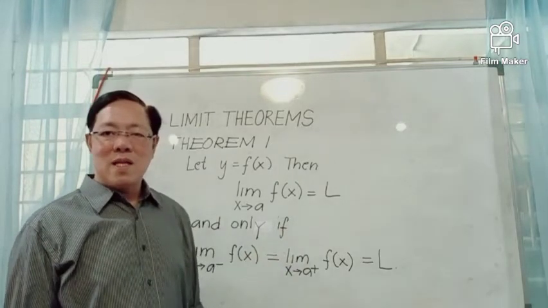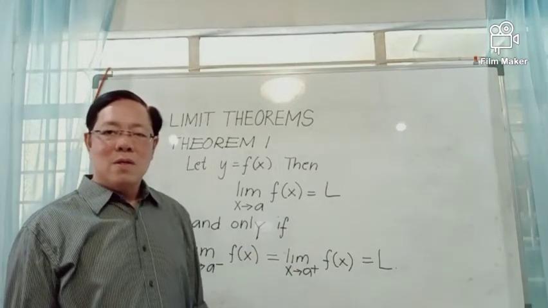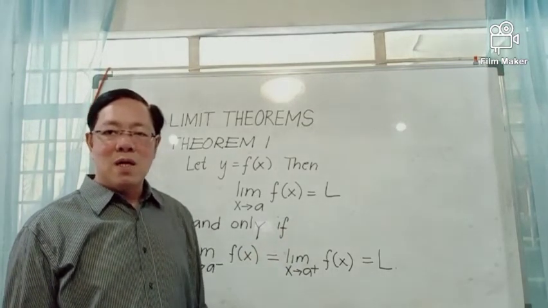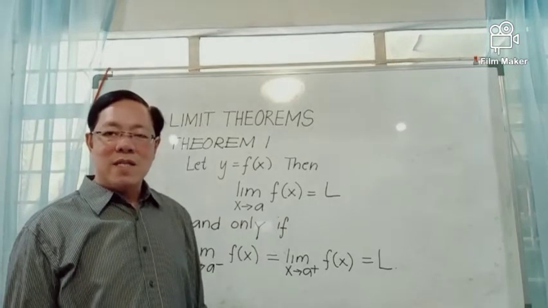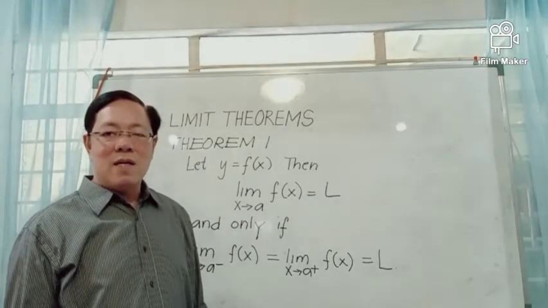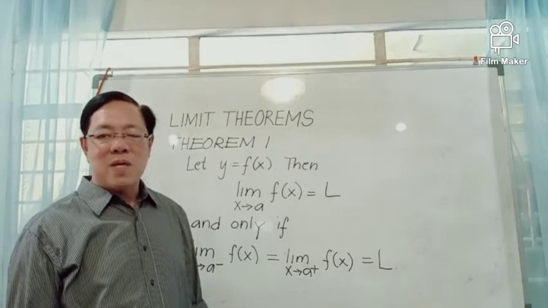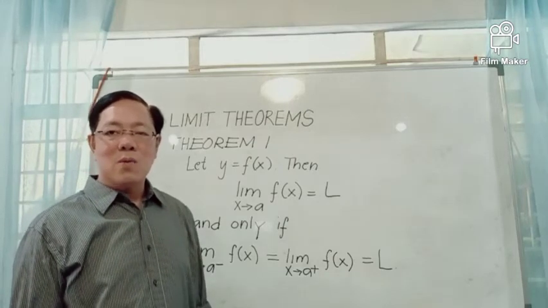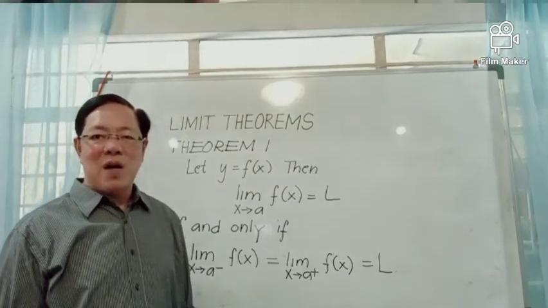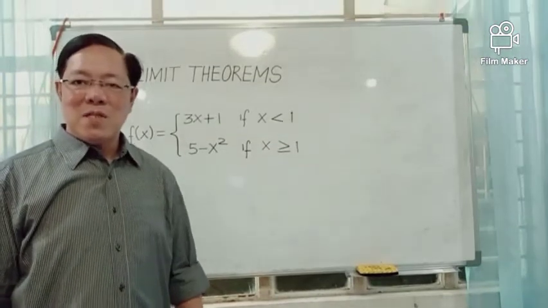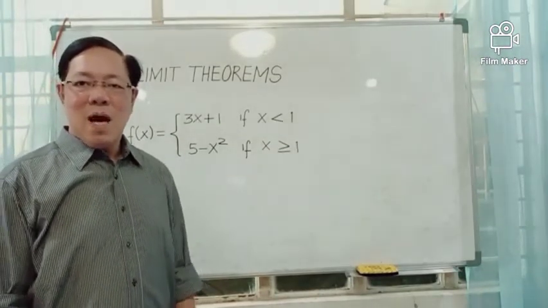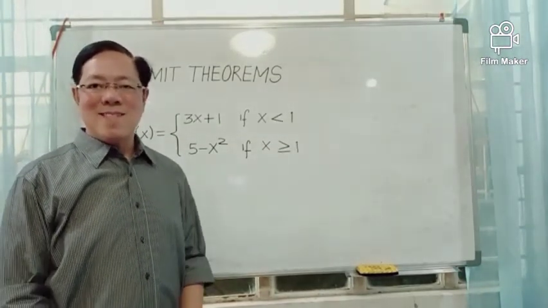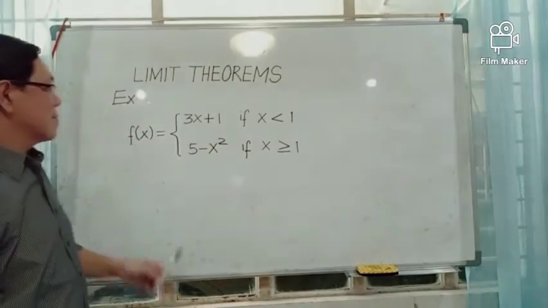We will now take an example to show that the right-hand limit and the left-hand limit of a function, if they exist, is equal to the limit of the given function. We will now apply the first theorem that we had earlier. Consider the following example.